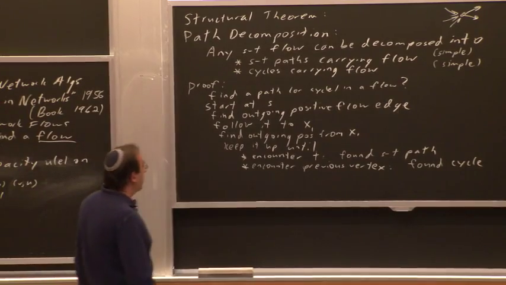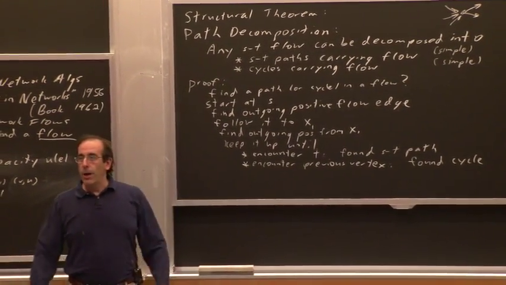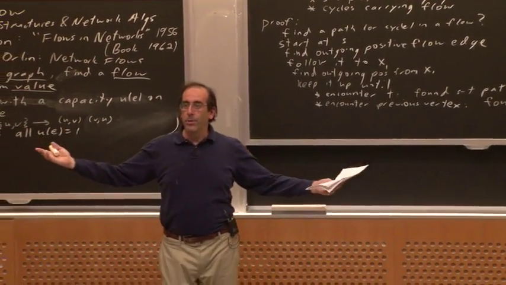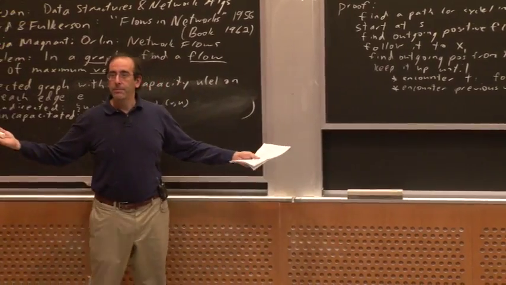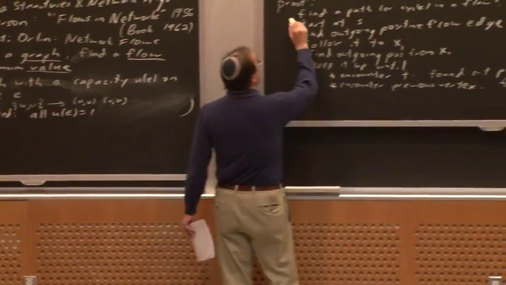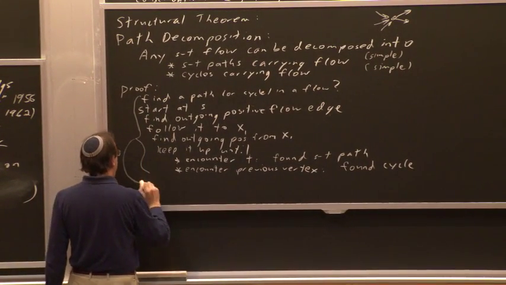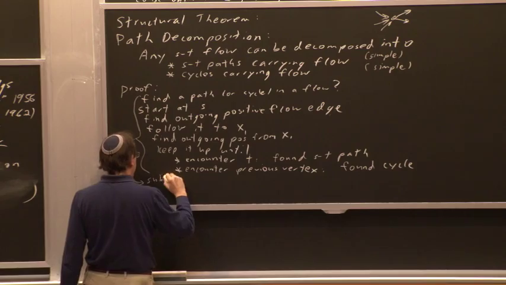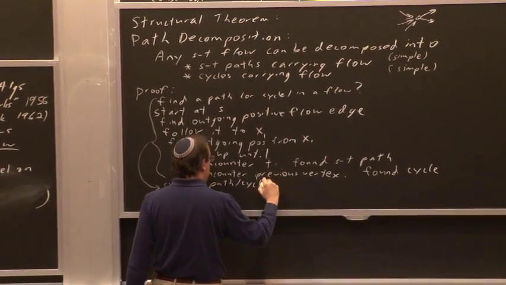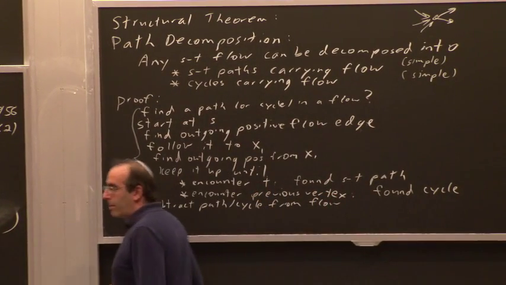Good. But let's unpack that. What do you mean by getting an edge that has zero flow? Well, right now I just have a path. What do I do with that path or with that cycle that I've just found? Subtract it from the edge. Good. So this is going to be sort of our inner loop. Once we found the path, we are going to want to subtract the path from the flow. But we have to figure out what this means.